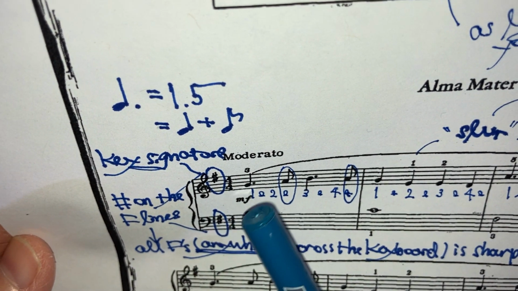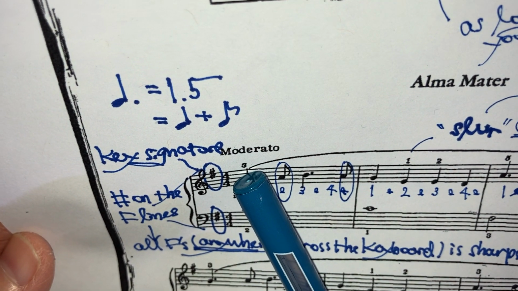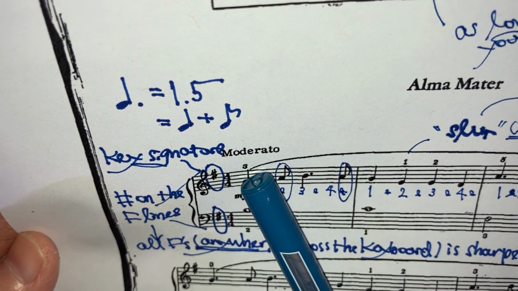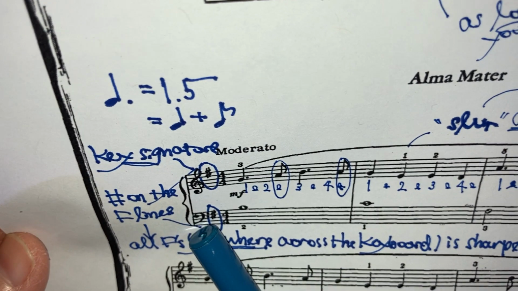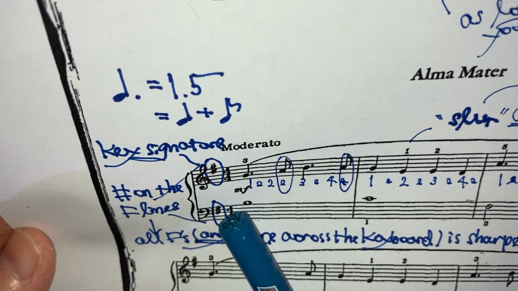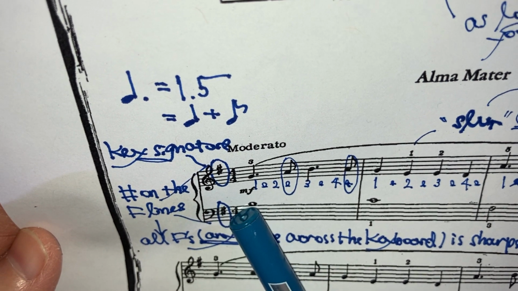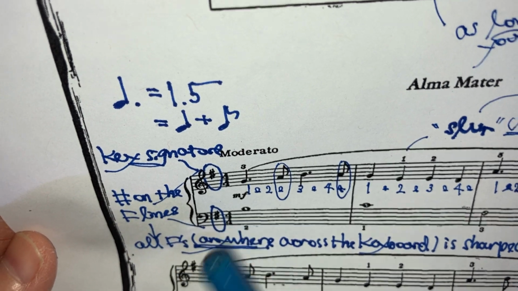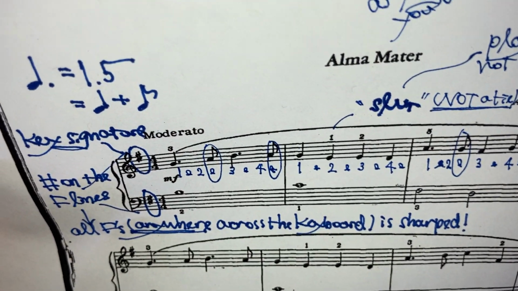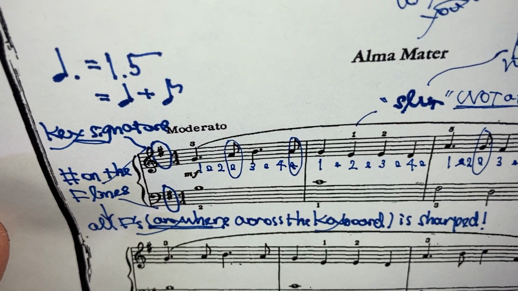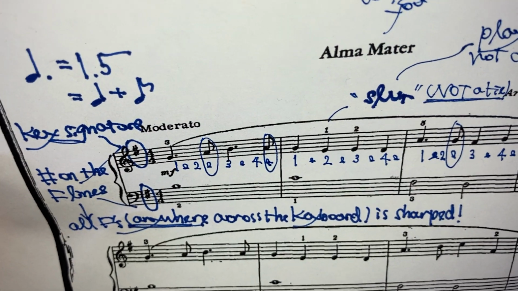In other words, you will see a line going through it. That means the sign is on the line. And which line? The F line. Basically, you will see that the F line, the top line, is going through the square part of the pound sign. So at this point, we've figured out that there's a sharp on F.